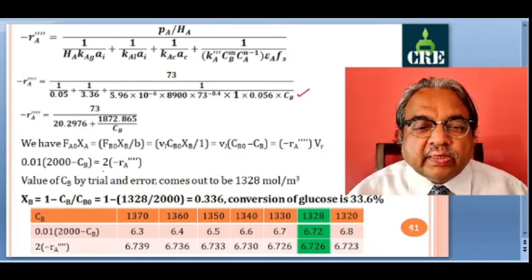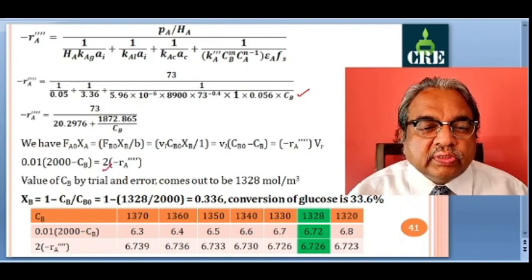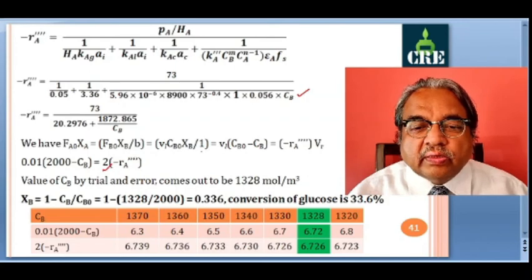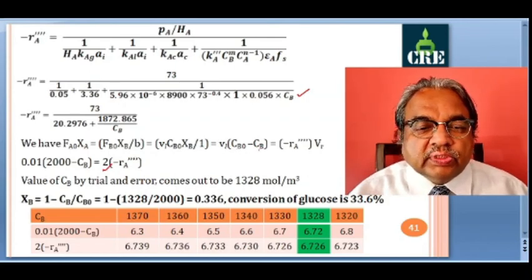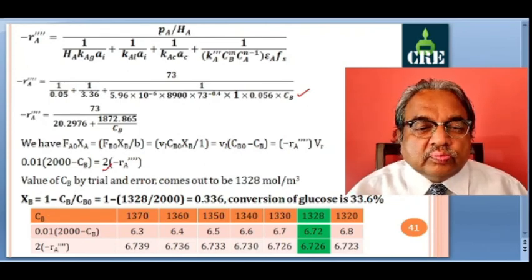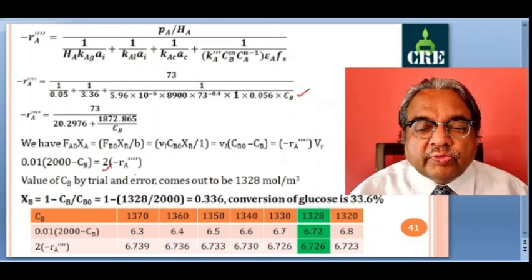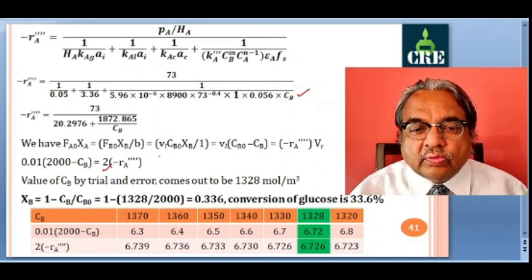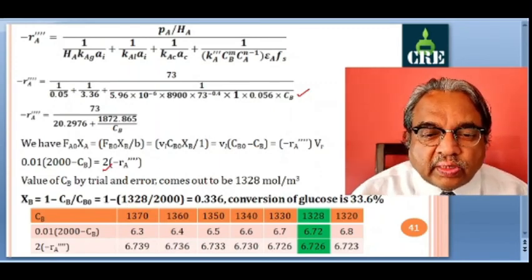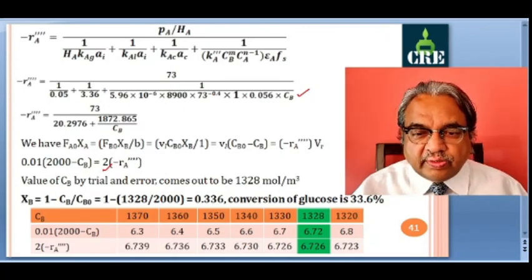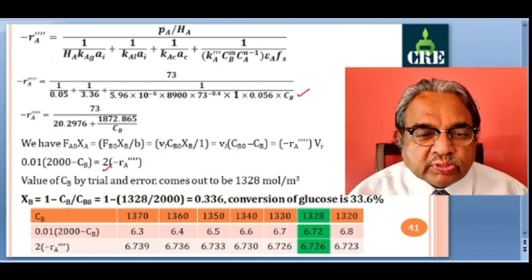So volume of the reactor is given as 2, minus Ra 4 times prime is varying with respect to Cb, and here Vl is 0.01, Cb0 is 2000, and Cb is variable. So you can write the values of Cb between 2000 and 200, and I have written here not all the values but the values in the relevant region where the match of Cb is possible.